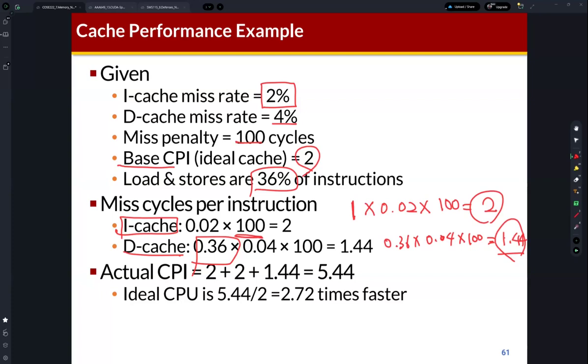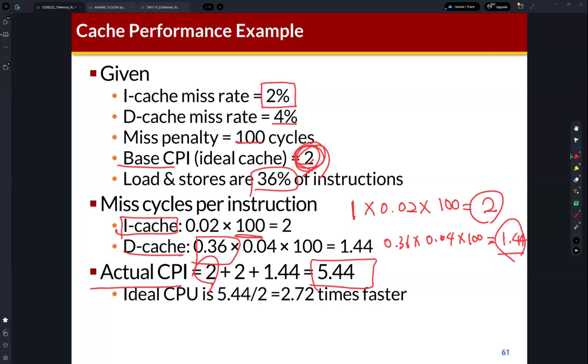So then what is the actual CPI? The ideal CPI 2 plus 2 plus 1.44. So the actual CPI becomes 5.44.